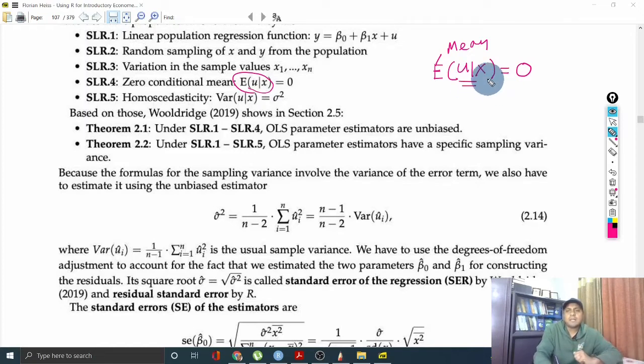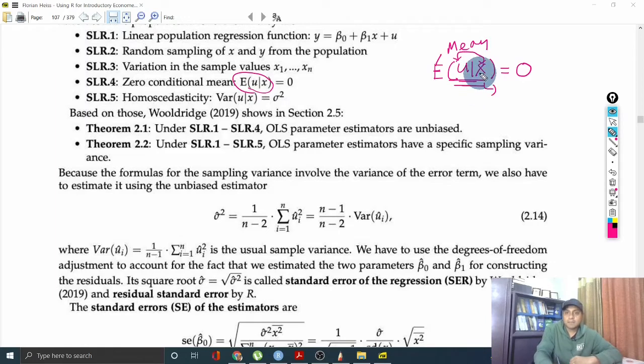What if this assumption is violated? If this assumption is violated, what will happen, my dear learners? There will be a problem called the endogeneity problem, because then the regressor and the error term are correlated. In many cases we use instrumental variables and find causality, and all those issues come up, and we need to rectify the problem when we have this kind of relationship.